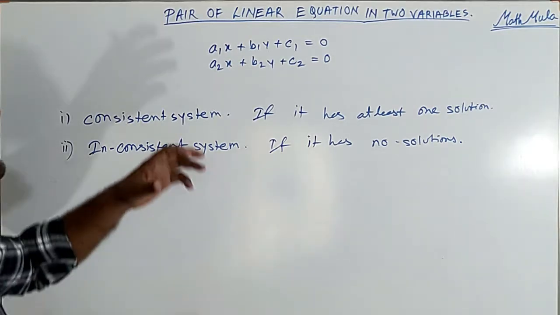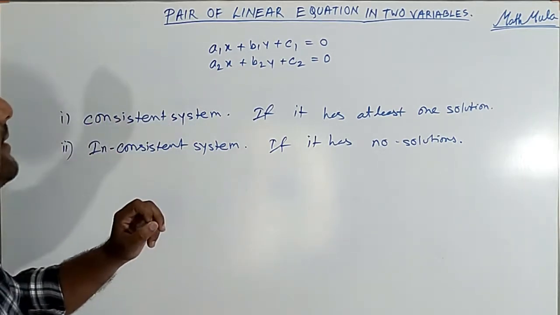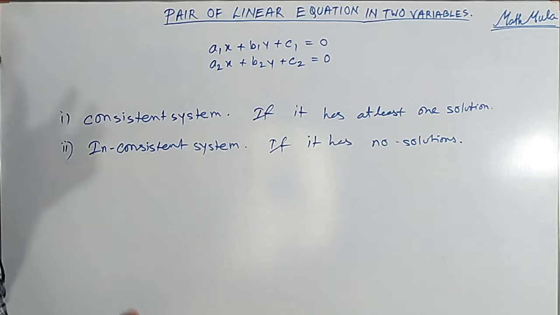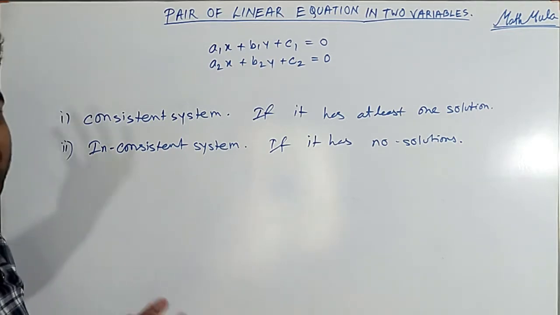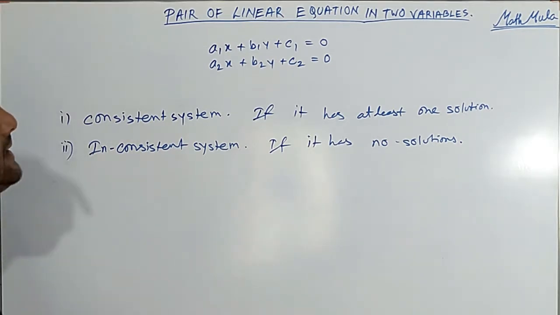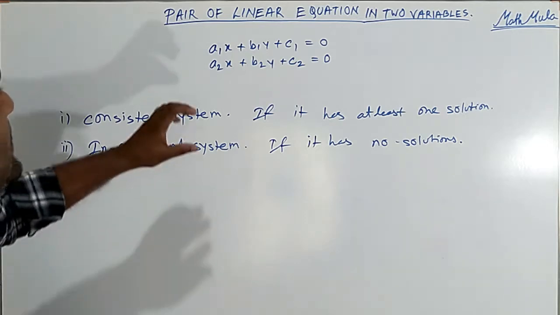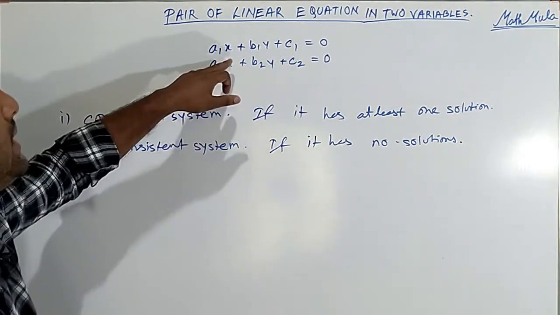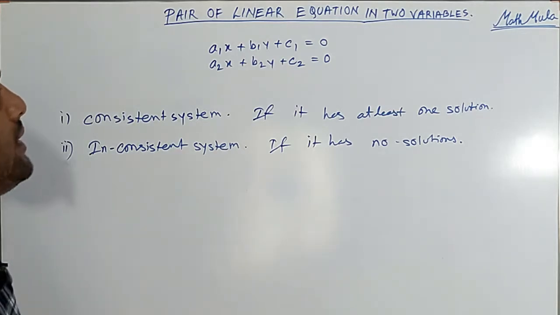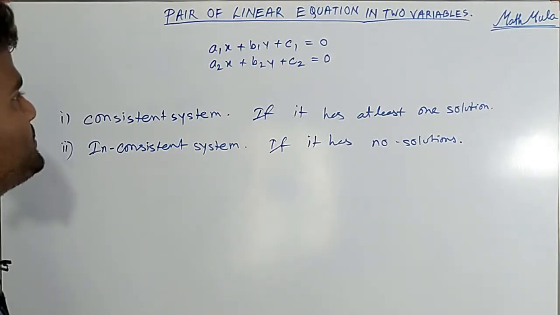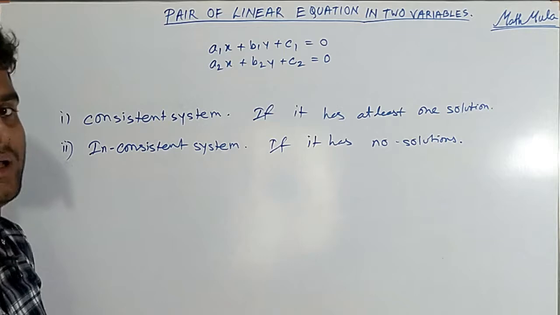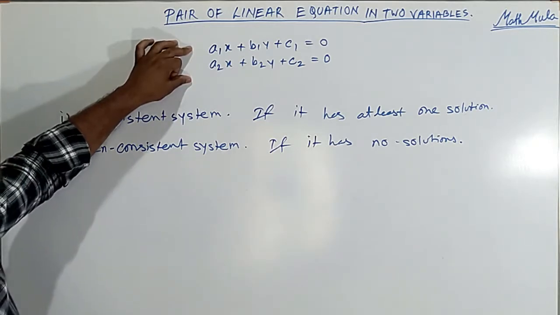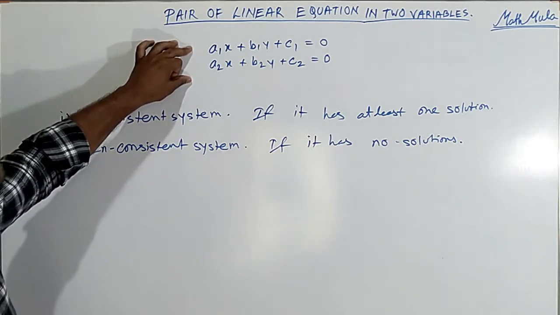We can represent the pair of linear equations in two ways. One is algebraic and another is graphical representation. Now what is algebraic? Algebraic means when we represent the equations in this form, a1x plus b1y plus c1 equals 0 and a2x plus b2y plus c2 equals 0, then the representation is called the algebraic representation of a system of linear equations.